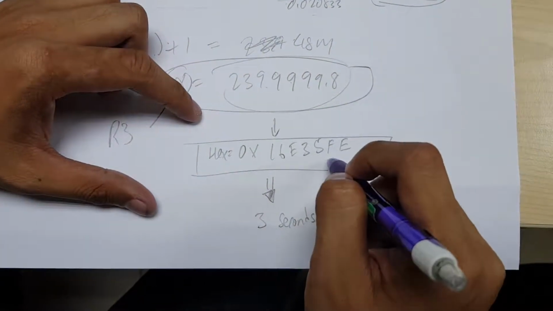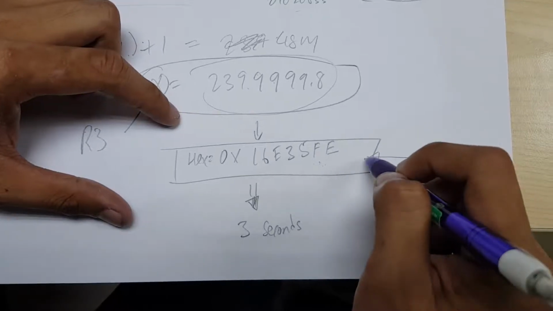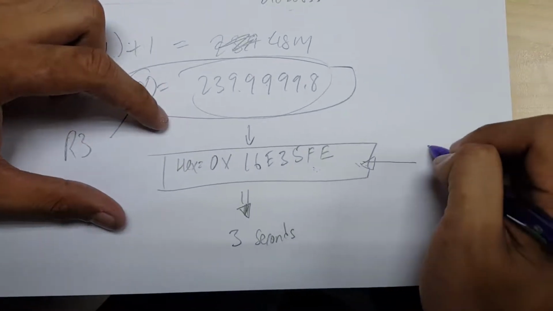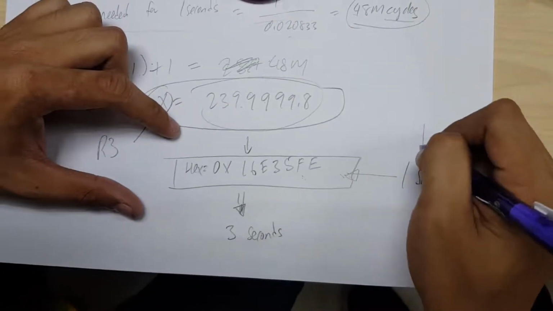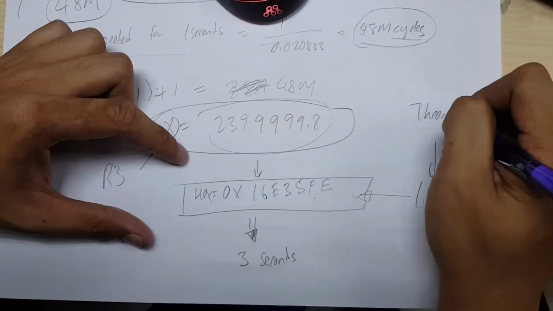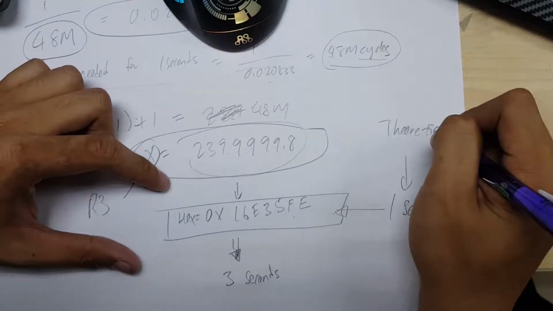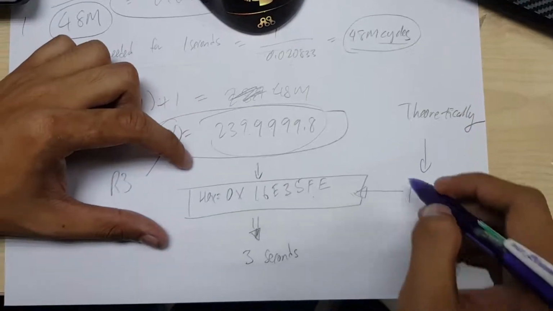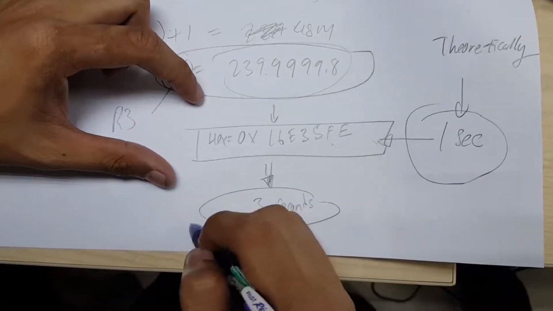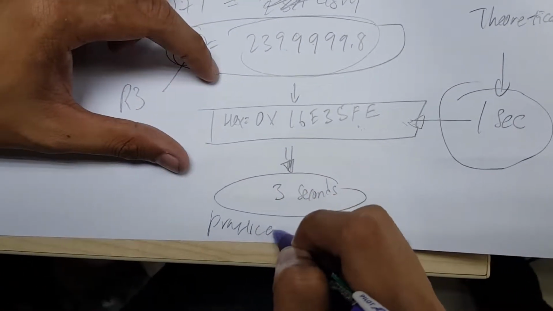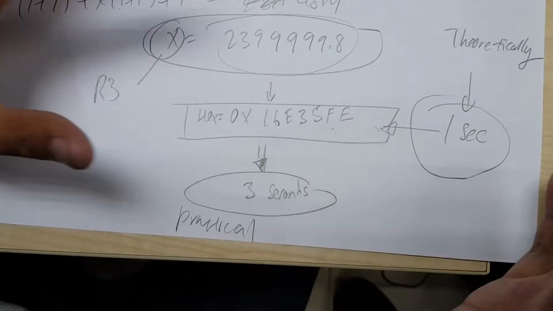According to the theory, this value is supposed to give 1 second, theoretically. But in practice, it shows 3 seconds plus.